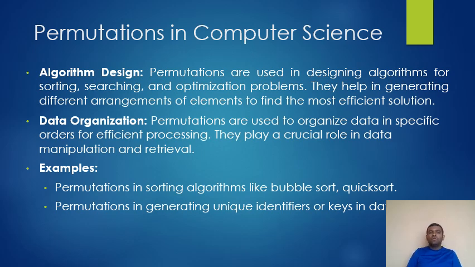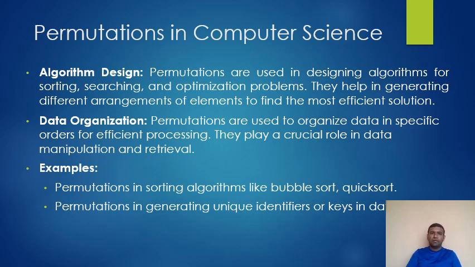Fine. And one more thing, it is used in data organization. These permutations are used to organize data in a specific order for efficient processing. How do you process this efficiently? For this, you can use permutations to find a specific order. And they even play a crucial role in data manipulation and retrieval.